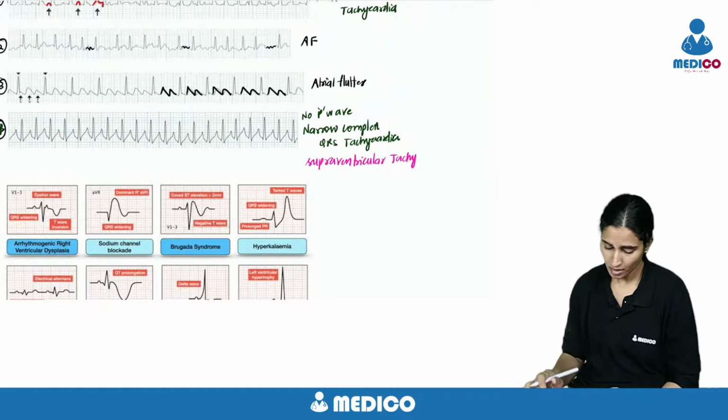What happens in left atrial enlargement? There is a broad, bifid P wave in lead 2, whereas in lead V1 the negative component will increase. So this is about the P wave.